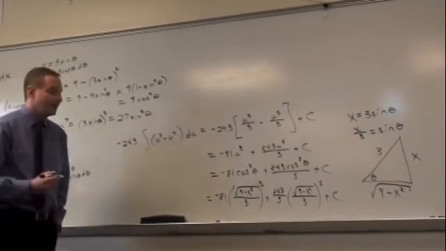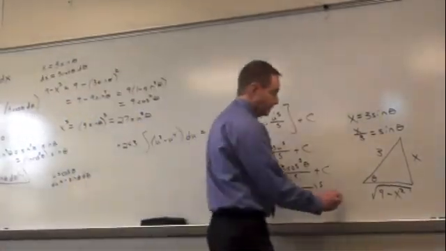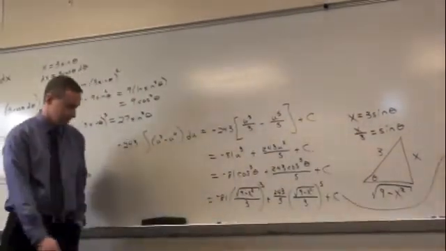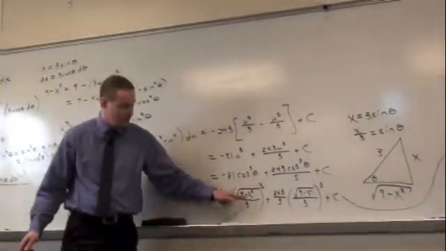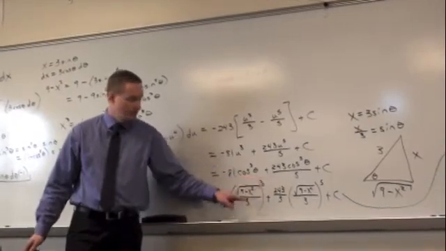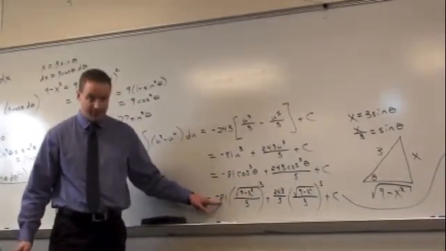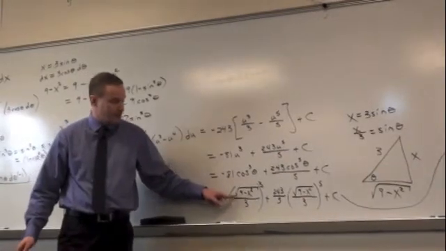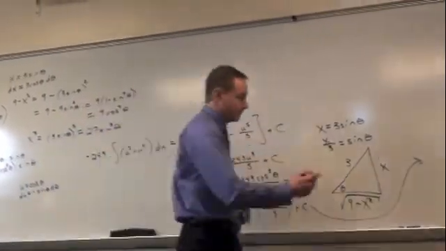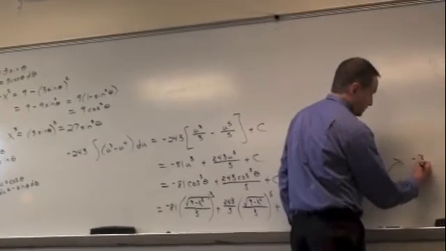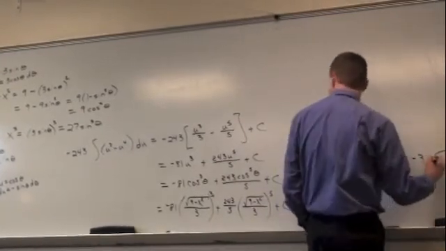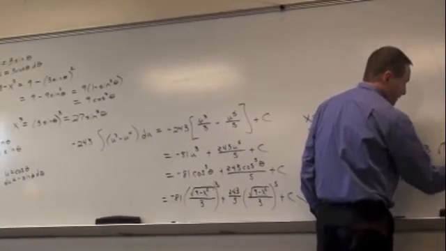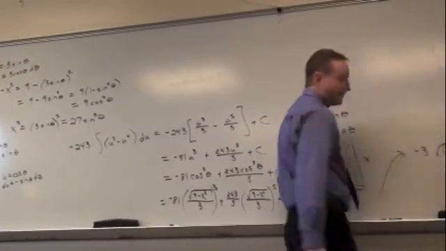And so now, my final answer, I'll bring over here. This first one, 3 cubed is 27. 27 will go into 81 3 times. That's going to leave negative 3 times this square root to the 3rd power. And I can just put that 3rd power on the inside. That's fine.